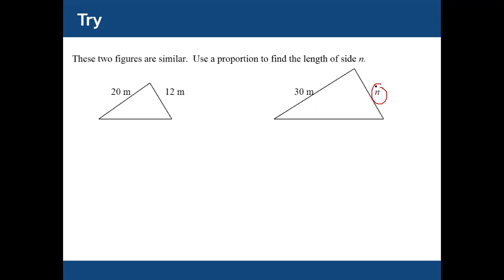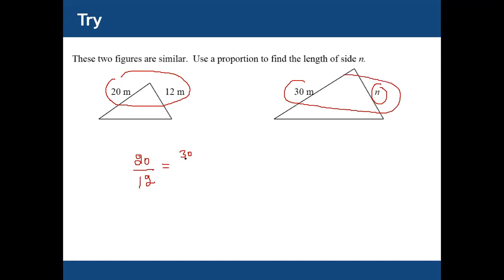18, sir. Can you tell me how we can write this one? Sir, divide 20 by 12, which equals 30 divided by n. Excellent. First find the ratio of these two sides: 20 divided by 12 equals the ratio of the other two sides, 30 divided by n.